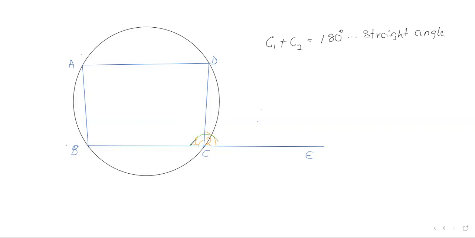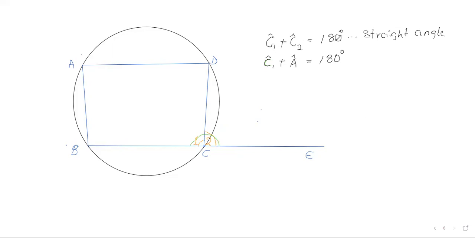Angle C1 and C2, 180. Angle C1 plus angle A are opposite angles of a cyclic quad. Therefore, they must be supplementary. Opposite angles of a cyclic quad are supplementary.